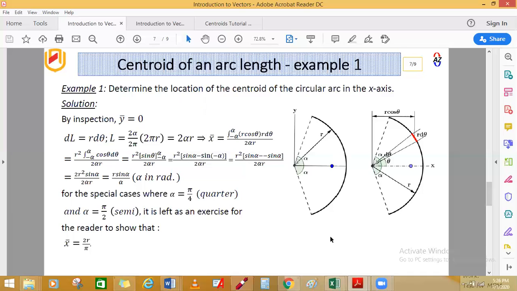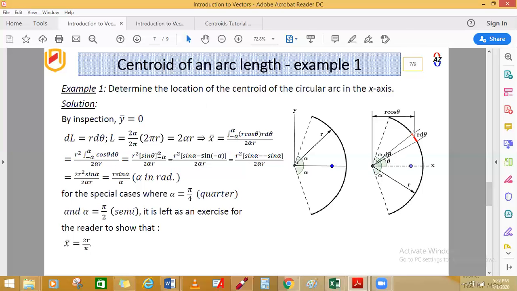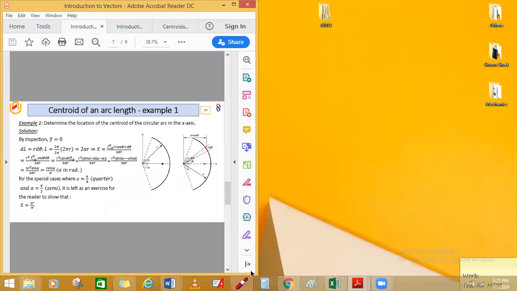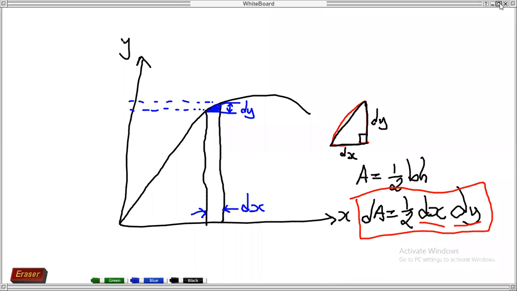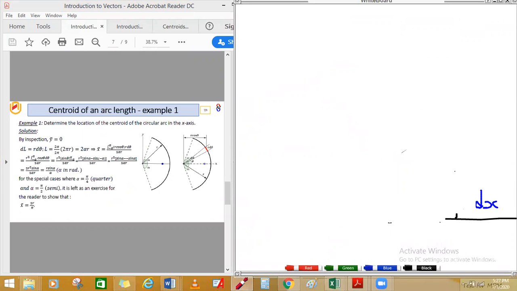The other thing you need to do now is look at this small element here. It's the same example as we did in here. This small piece, which is forming the arc, is the one that you should use in your calculations. And when you do this, you're going to have a shape that looks like this.